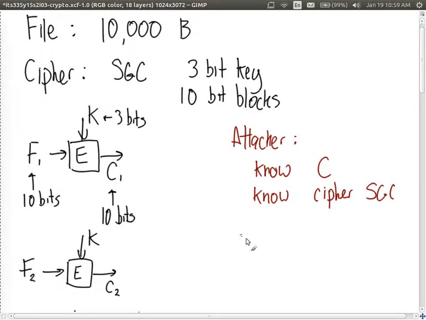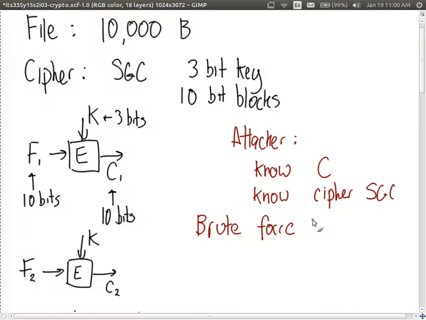What they have as an option to do is two types of attacks. The first one is what we call a brute force attack, and we've had some comments on that last lecture. It's listed on the slides: try all possible keys, with the idea that if I have some ciphertext and I decrypt that ciphertext with a key, I will get some potential plain text.